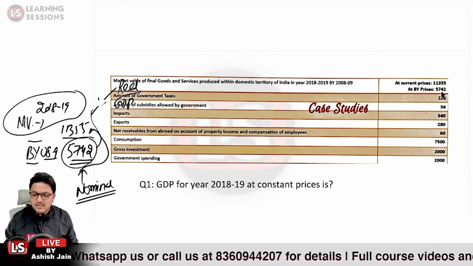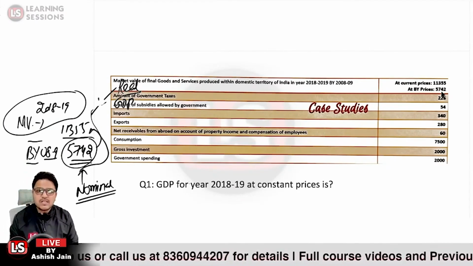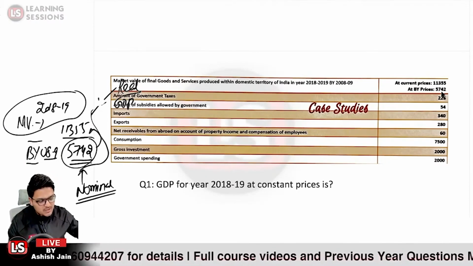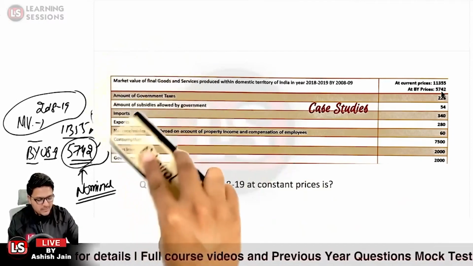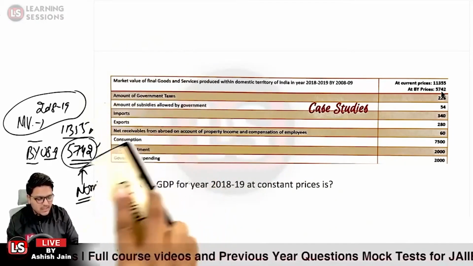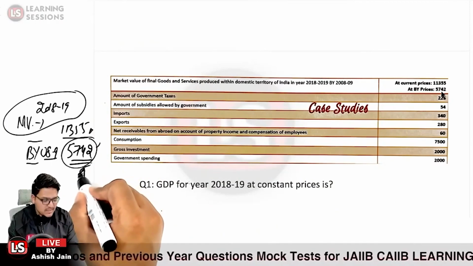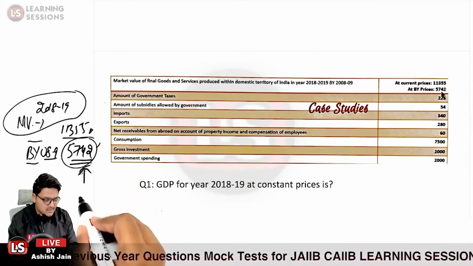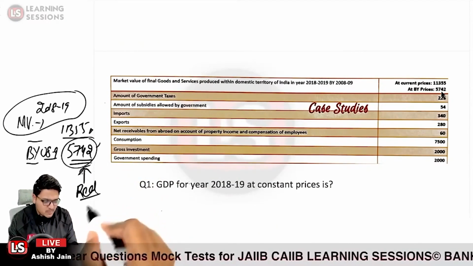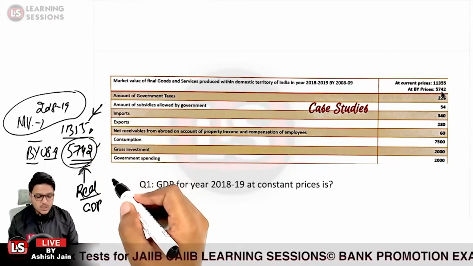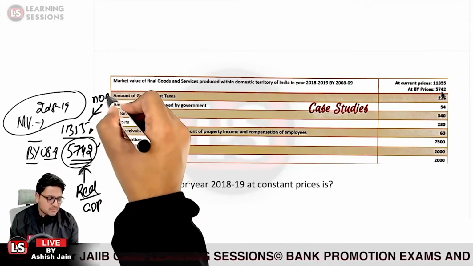Real GDP is basically concerned with constant prices, that is, the base year prices. So here it is a real GDP, and over here it was a nominal GDP.